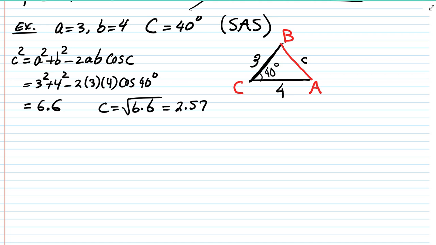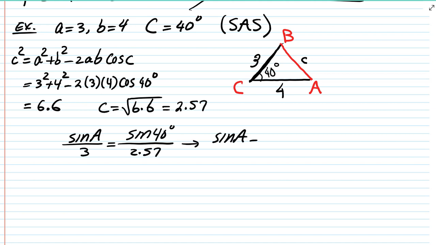It's 2.5734. Now to find a measure of angles, we can use the law of sines. We have 3 sides, so let's choose, in this case, sine cap A over 3 is equal to, I definitely want to use sine of 40 degrees, the only known angle, over 2.57. And from this, we can solve for sine A, multiply both sides by 3.